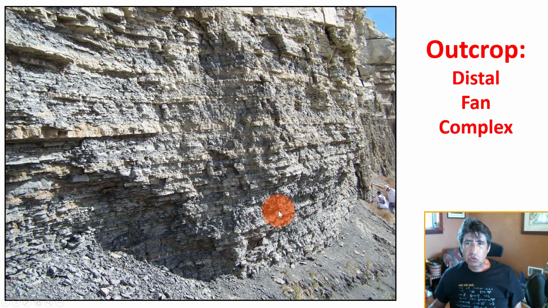Here's another interesting outcrop that shows the distal part of the fan complex of a turbidite system. We recognize that because of the very high degree of sandstone shell laminations, where the sandstone and shell layers have very similar thicknesses. So a well that goes through here will be in the fan complex.